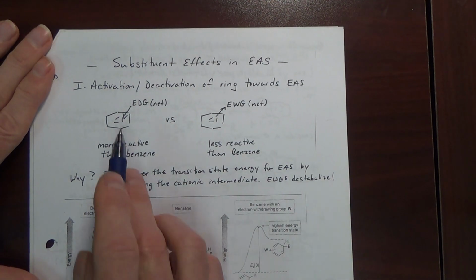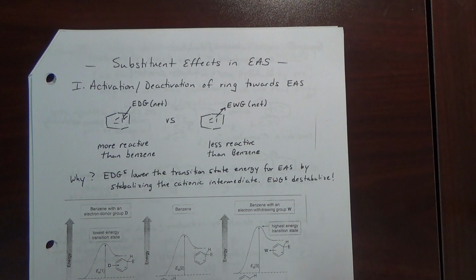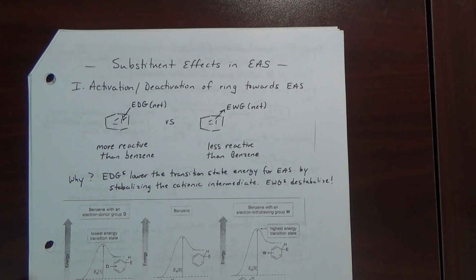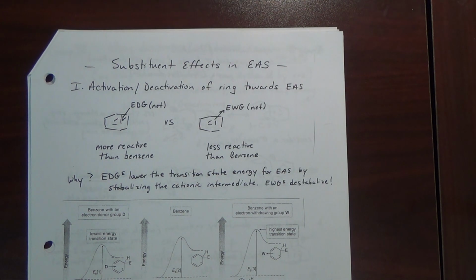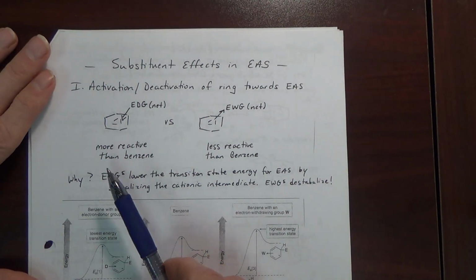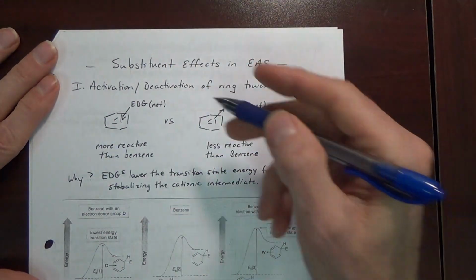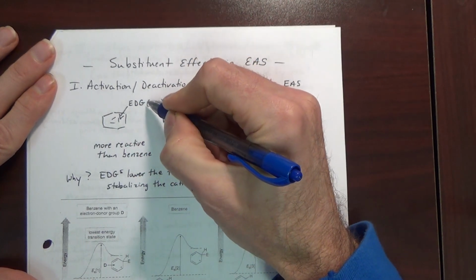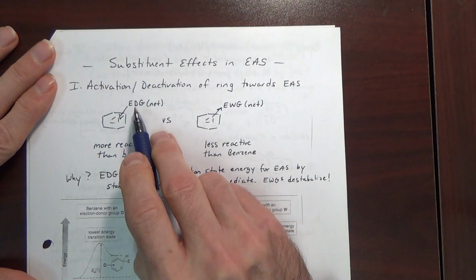That is, if we have an existing group, does that group make the benzene ring more reactive or less reactive? Now, here we go. If you have an electron donating group on the ring, now I'm a net donator, because sometimes groups can do both.